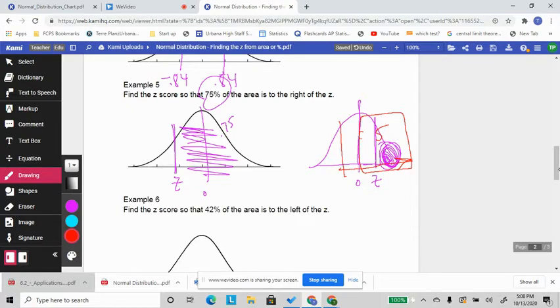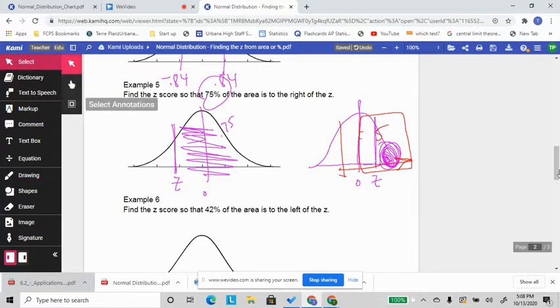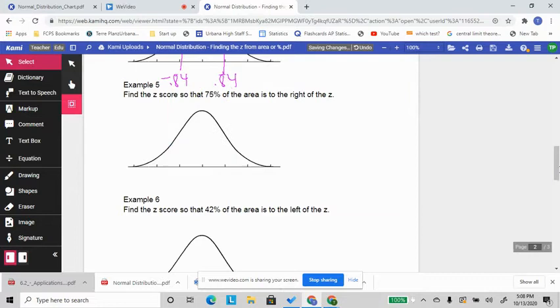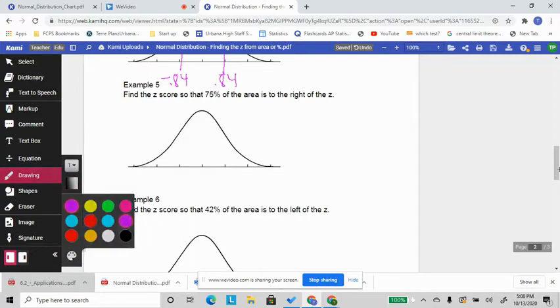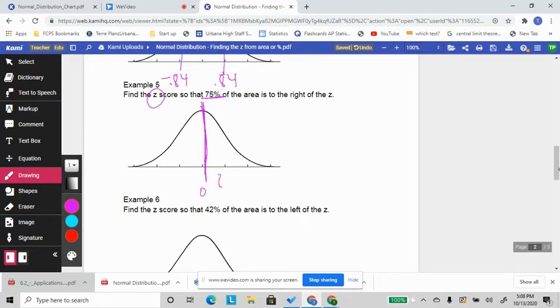All right, so let me say that again. Let me clear that out and say that again. Okay, so let's say I want a z that 75% is to the right of it. This is 50, that's 50% of your graph. So if I put a z here, there is no way to get 75%.